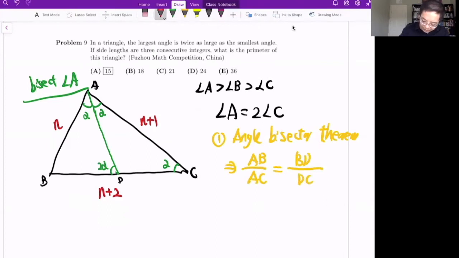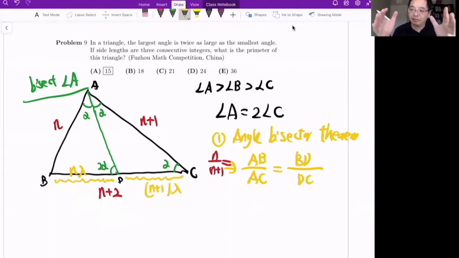AB over AC is n over n plus 1. Therefore, I can introduce, say, lambda. I can say this part is n times lambda, and this part is n plus 1 times lambda. The lambda just represents the ratio, because the ratio is the same.